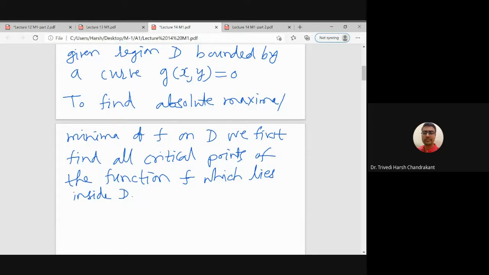So we will first identify the critical points inside the domain, which is a region.